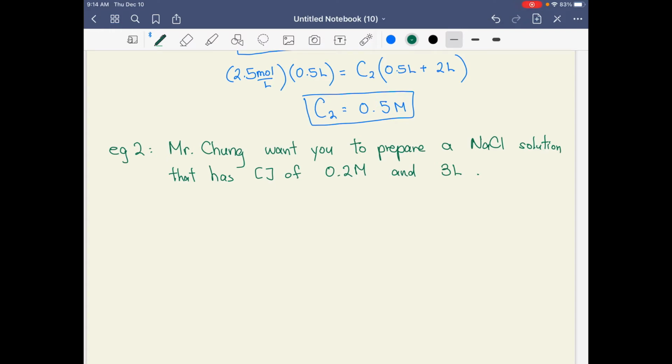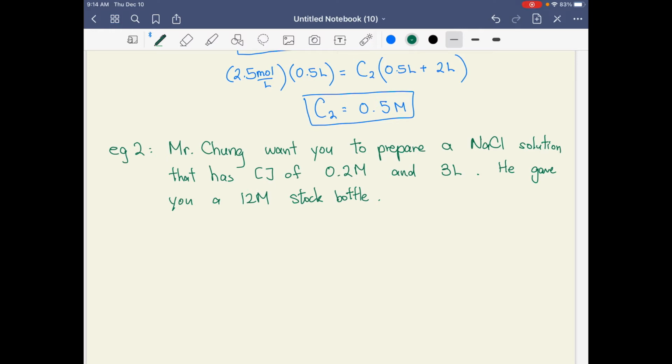Okay, so Mr. Chung wants you to prepare a NaCl solution that has a concentration of 0.2 molarity, and he wants 3 liters of it. Okay, he gave you a 12 molar stock bottle. Wow, what a generous guy.